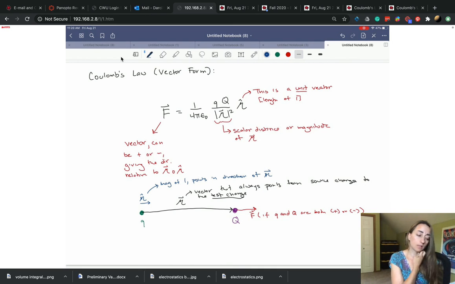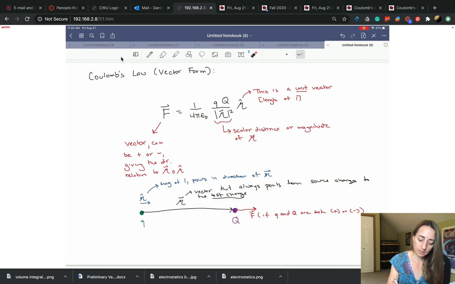If I look at this here, because I am taking the magnitude of this vector that is connecting little q to big Q, this part is not going to be a vector.